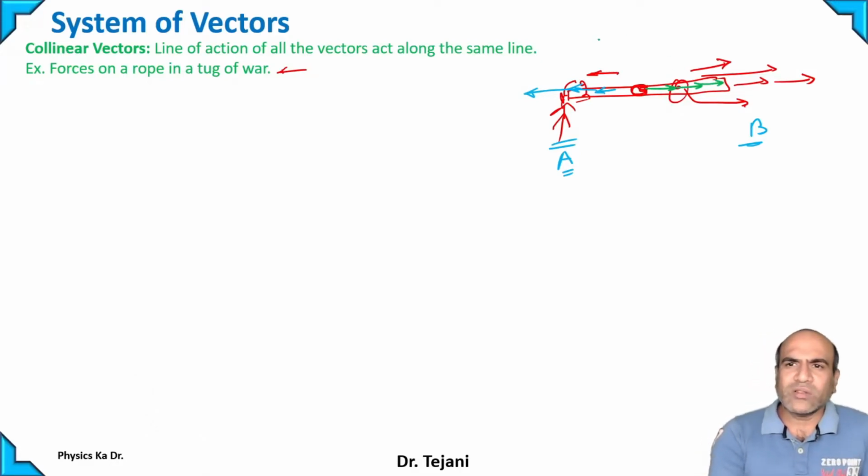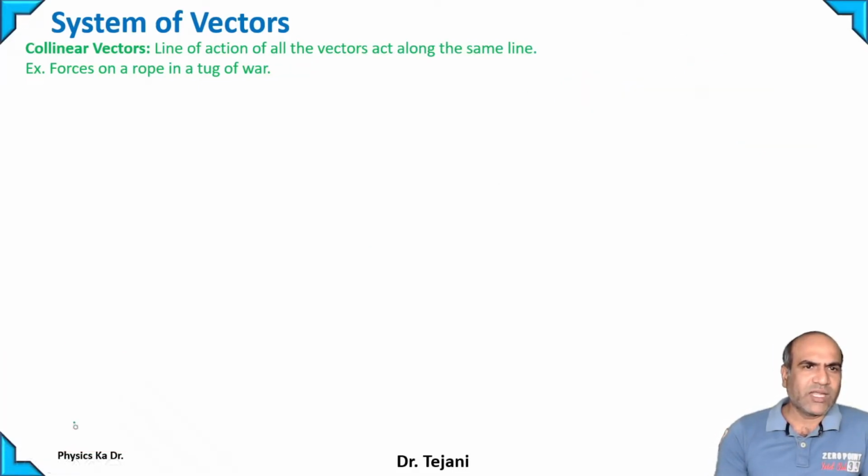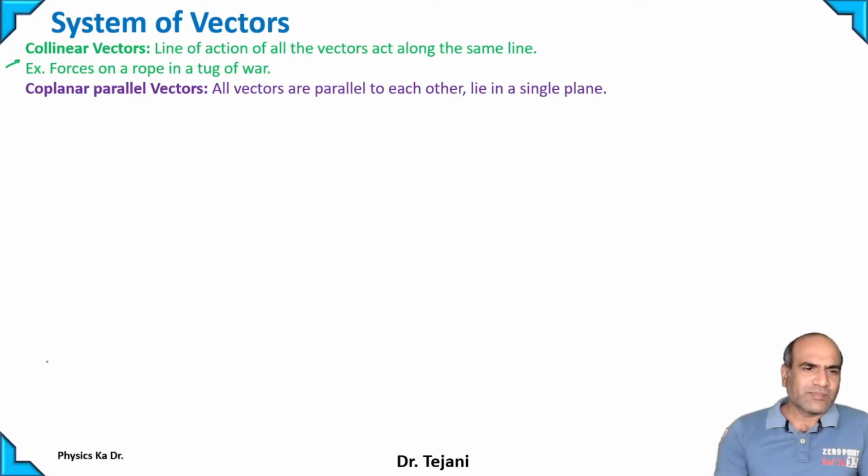So all the lines of action take place in a single line. So that becomes collinear. From the word also we understand, all forces are in a single line.